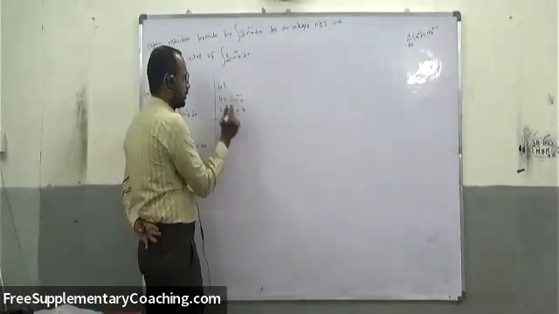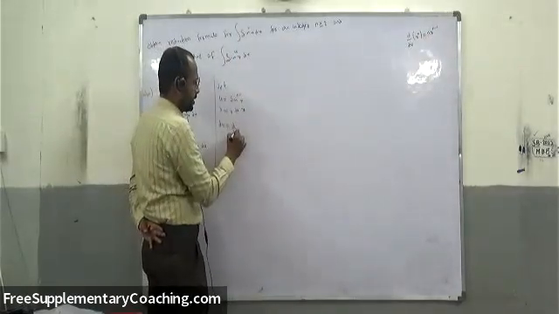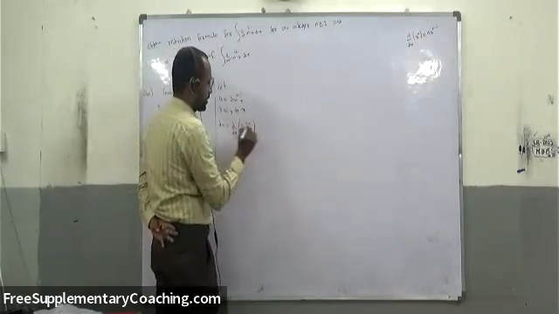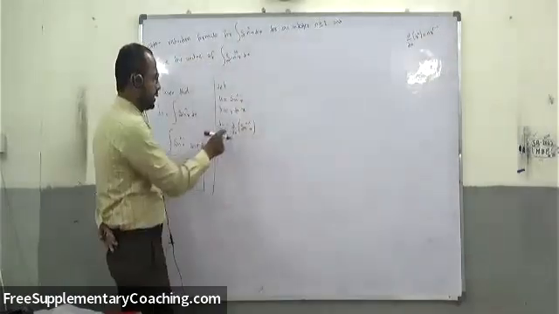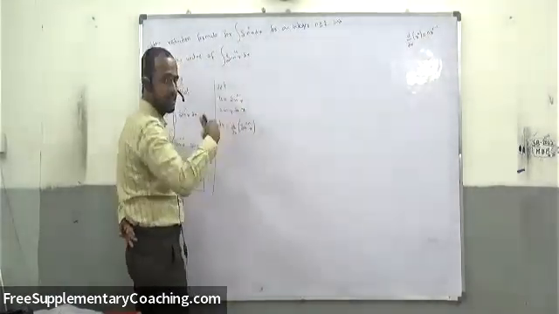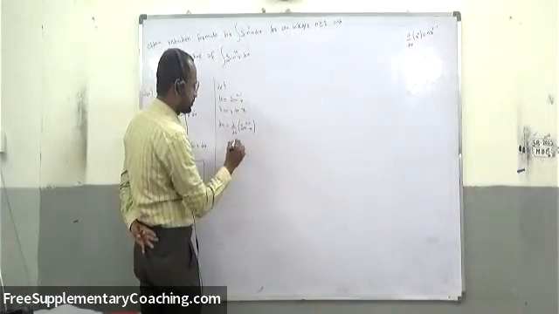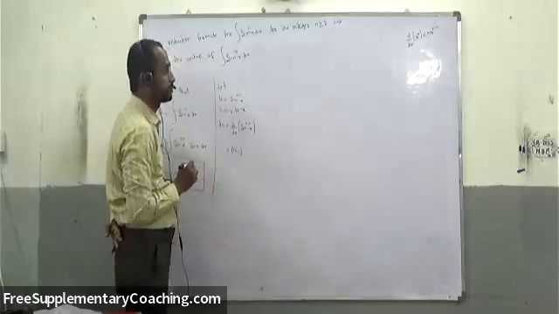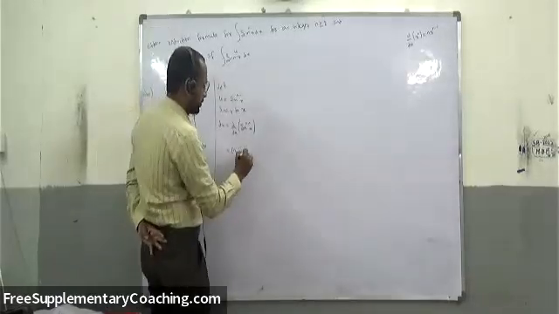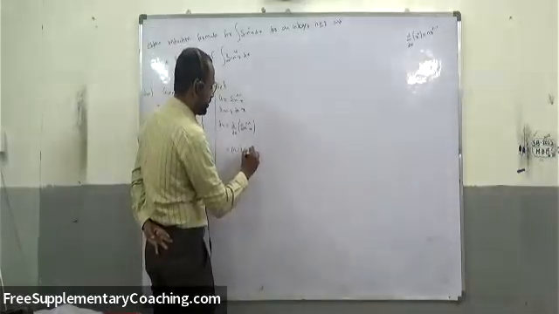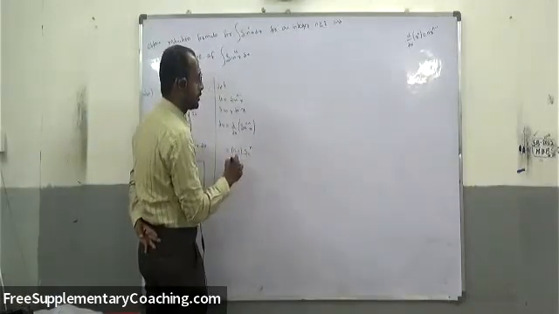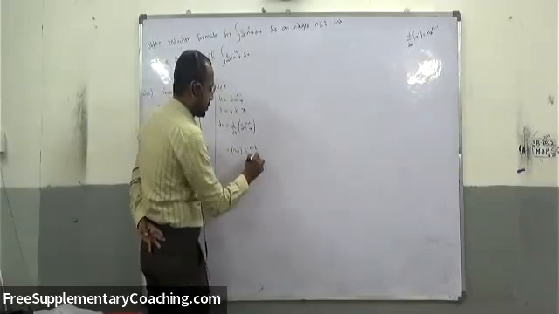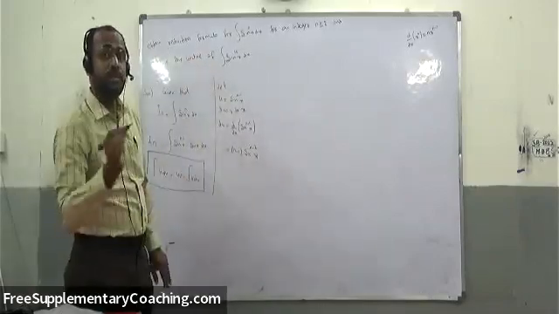So d by dx of sine n minus 1 x. First we have to apply the d by dx of x power n formula, that is n minus 1 into sine power n minus 1 minus 1, that is n minus 2, of x. Now the inner derivative.